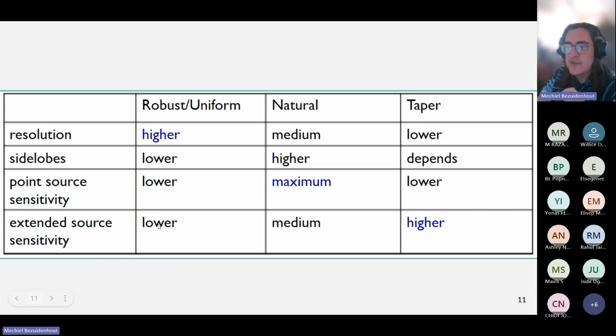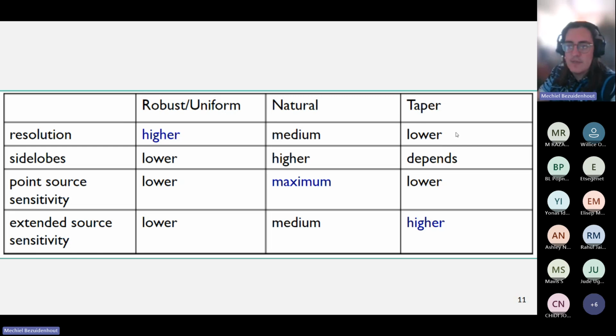So if you have an extended source, probably you don't want to use a uniform weighting. If you want to maximize your sensitivity to a point source, then a natural weighting scheme is a good way to go. And meanwhile, if you have an extended source, you're looking at a big galaxy or something, then a tapered weighting scheme is probably going to be better for you, but you lose some resolution in the process.